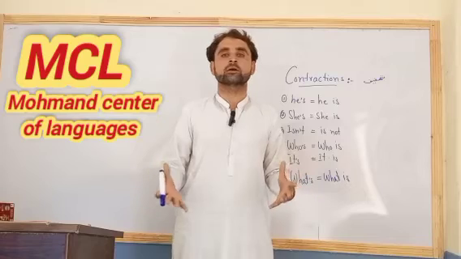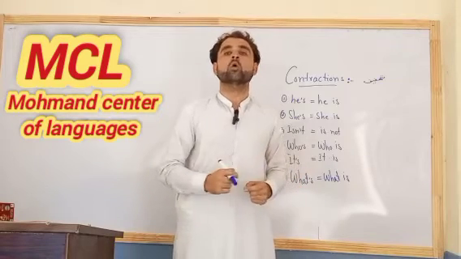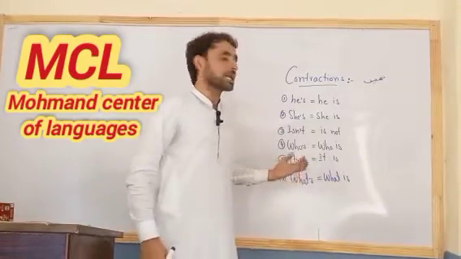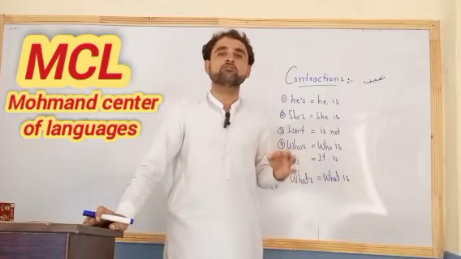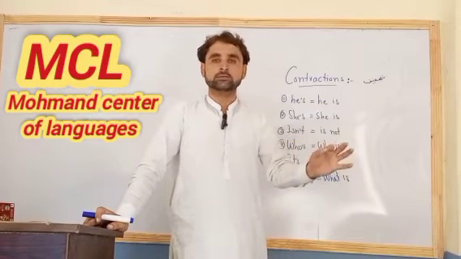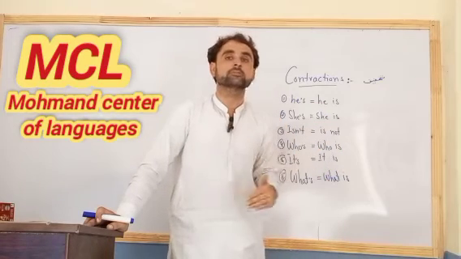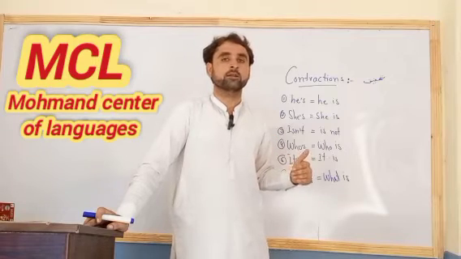So instead of "who is", we'll shortly say who's. Number five, it's is used for it is. These are the shortcut forms, the contracted forms of these pronouns.